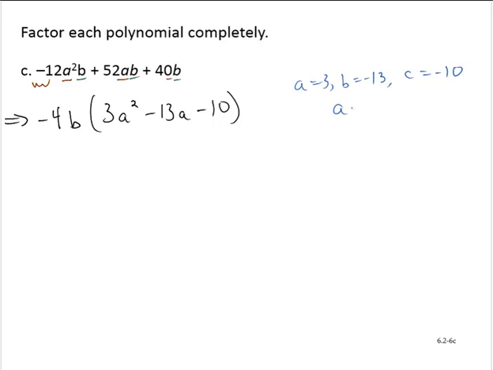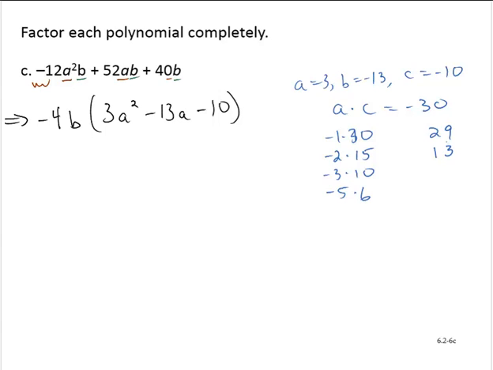So a times c is negative 30. So let's find factors of negative 30. Negative 1 times 30, negative 2 times 15, negative 3 times 10, and negative 5 times 6. Finding those sums: 29, 13. Negative 2 plus 15 is 13.